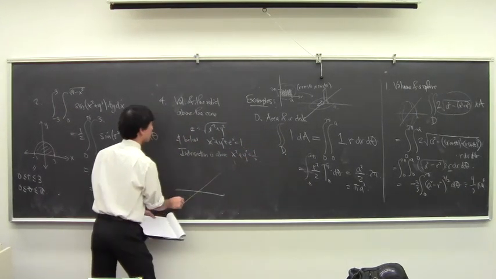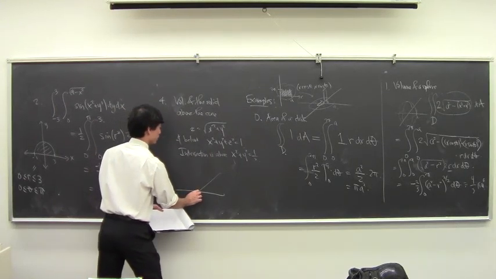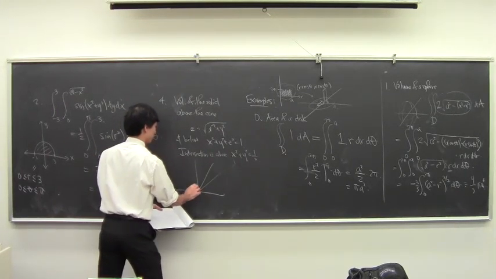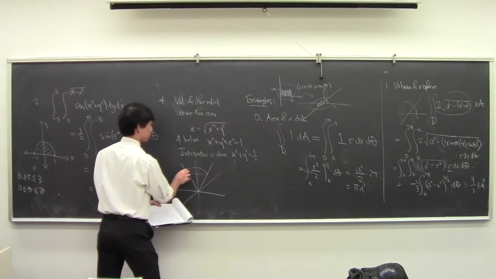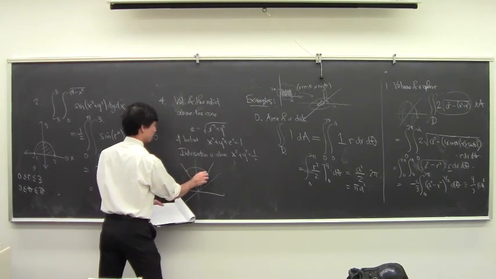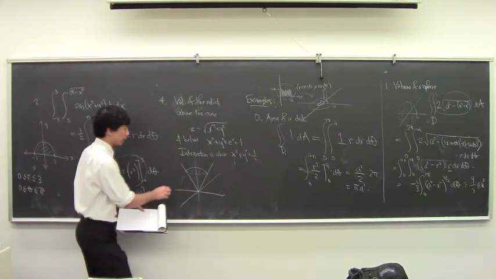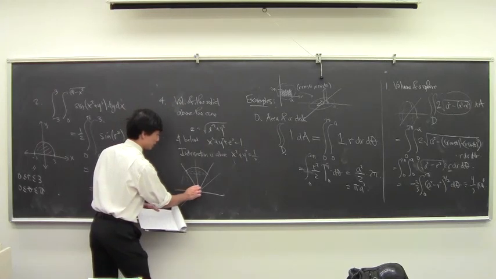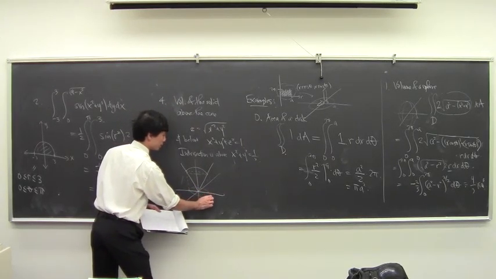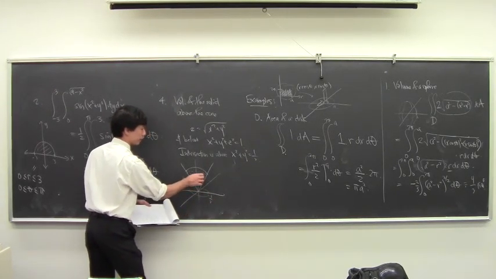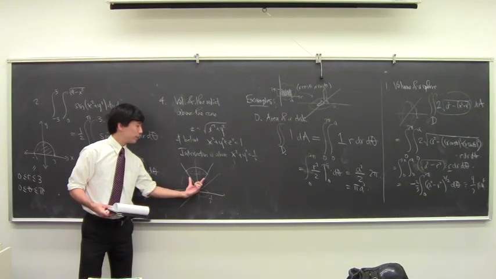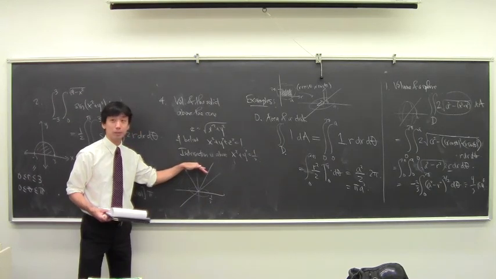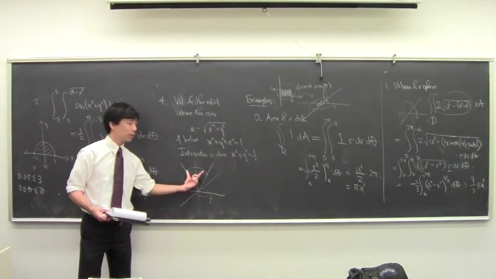So the picture is you have this cone going up, and you have a sphere going down, and they intersect. The intersection is this circle of radius a half. And they're asking you for the volume of this thing that lies below the sphere and above the cone.